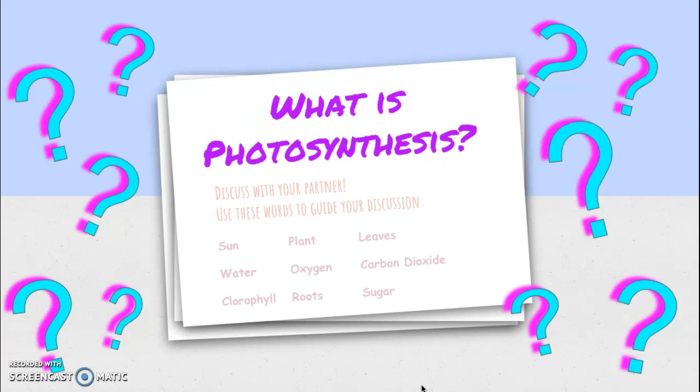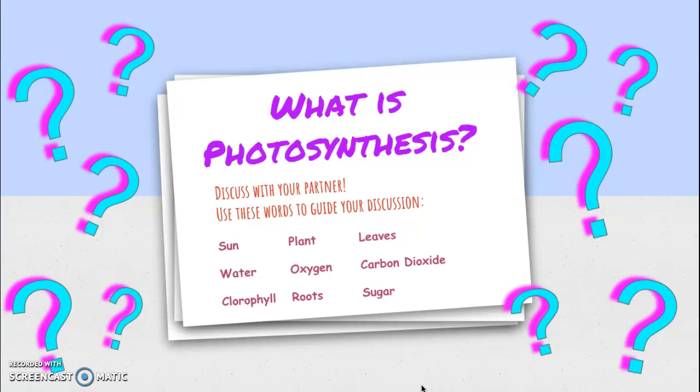I'd like you to discuss with your partner, and you can use these words in your discussion. You don't have to use all of them. You can use the ones that you know. The first word is sun, and we have plant, leaves, water, oxygen, carbon dioxide, chlorophyll, roots, and sugar.